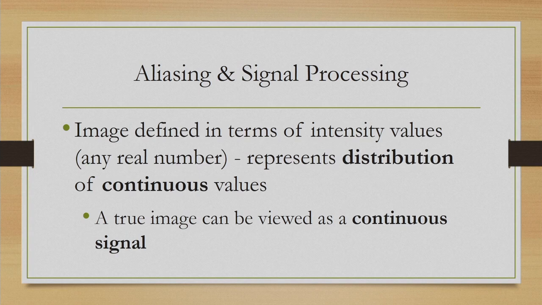Now, how do we define this image in terms of intensity values, which can be any real number? Remember that we are still in the view coordinate system, where we are free to use any real number to represent intensity. Those intensity values represent some distribution of continuous values.